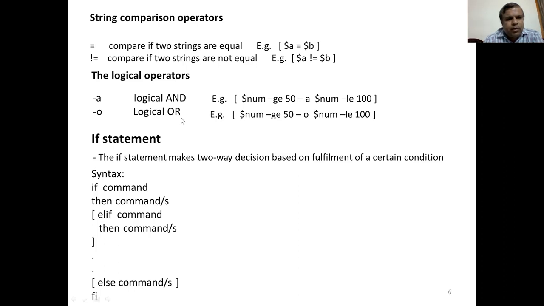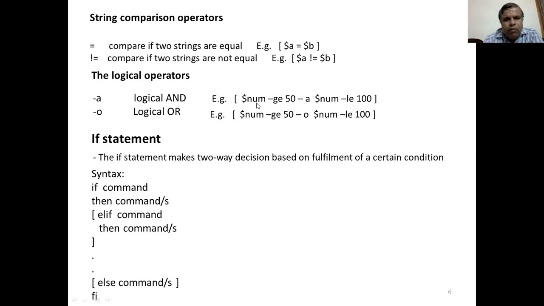Logical OR: this operator returns true if any one of the operands, or logical expressions, yields true, otherwise false. Here is an example where we are checking whether the number is within the range 50 to 100.